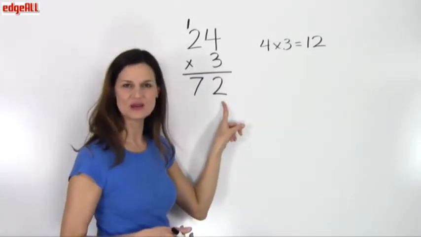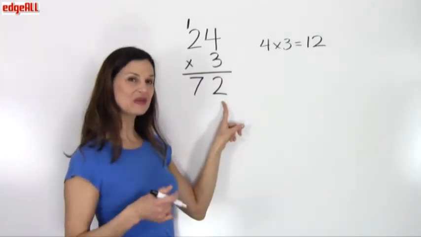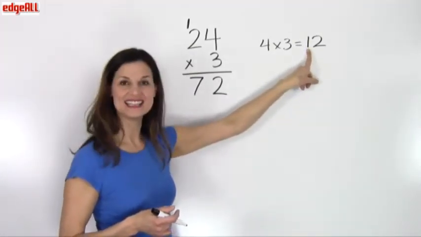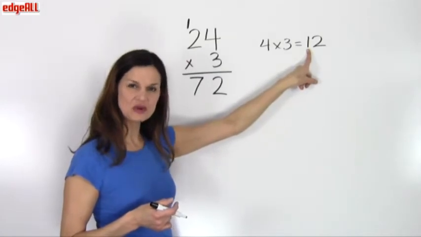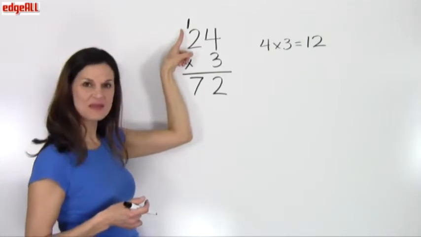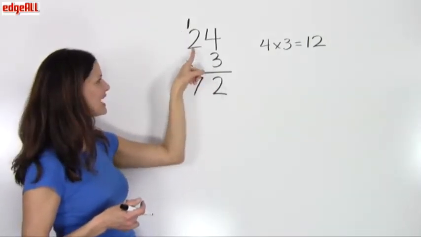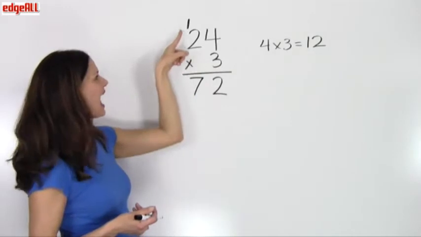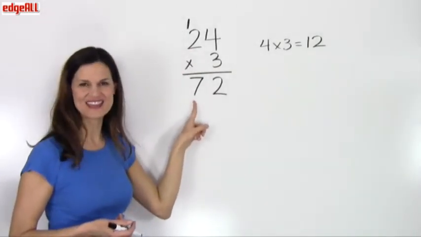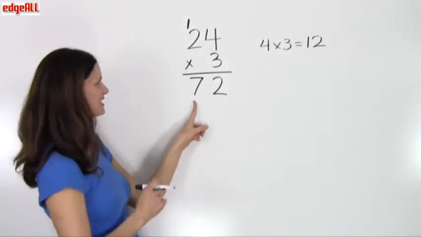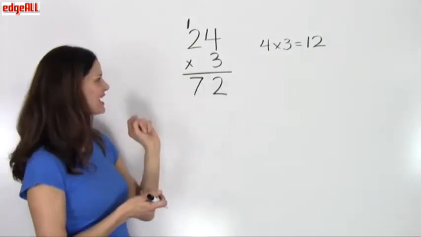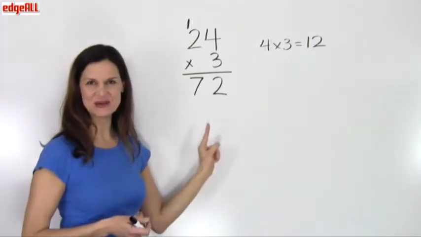But I regroup the 1, putting it in the tens column. Then I do my next step of 3 times 2 equals 6, add 1 equals 7, and I place my 7 here in the tens place of my final answer. So I can see here that 24 times 3 equals 72.